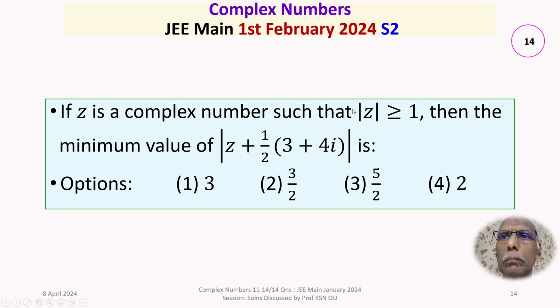It is the set of all those points which are outside and on the circle mod z equal to 1, that is, the exterior of the circle mod z equal to 1 and all the points that lie on the circle. And then you have to find the minimum value of mod of (z plus 1 by 2) multiplied by (3 plus 4i).